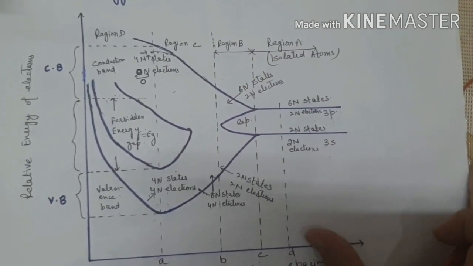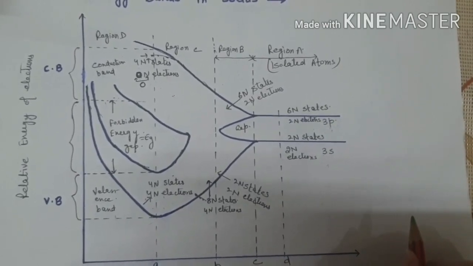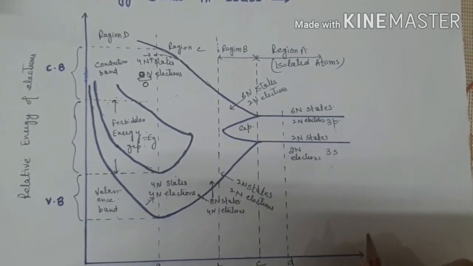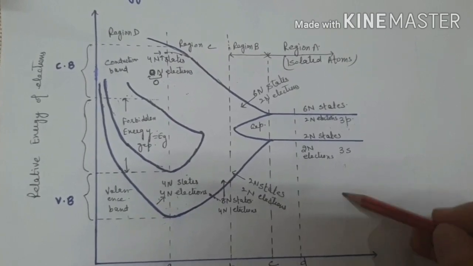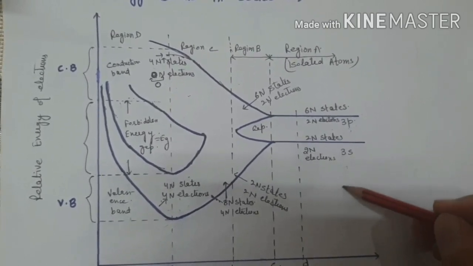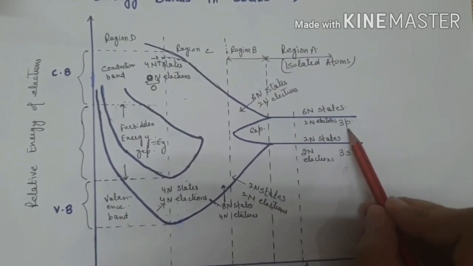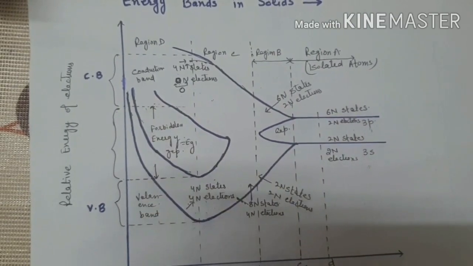We also call it a tetravalent atom. When there are n silicon atoms, the 1s, 2s and 2p levels are here, and this is 3s and 3p. 3s has 2 electrons, 3p has 2. So this is the diagram.